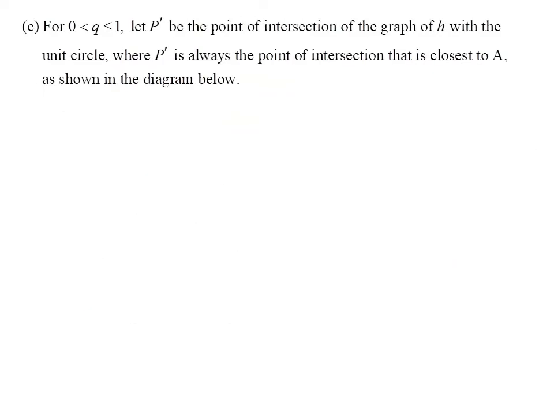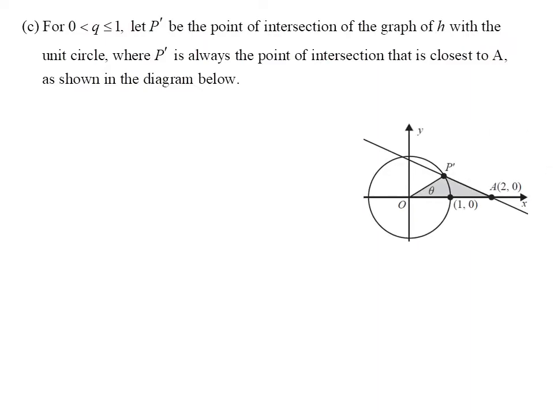Here we continue to explain question 9 of VCAA Math Method Exam 1 2021 paper. In part C of this question, it is given that the dilation factor Q is greater than 0 but less than or equal to 1. Here, P prime is the point of intersection of h of x with the unit circle, and it is the closest intersection to A as shown in the diagram.